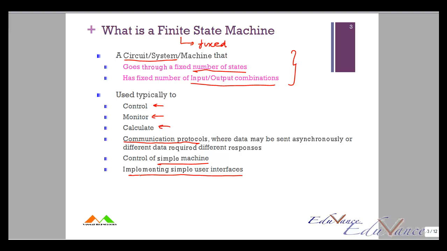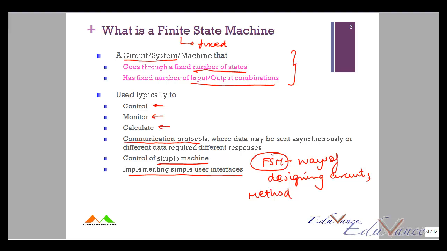So let me be clear about one thing, that an FSM is a way of designing circuits. It's a method. If you find a circuit that is designed as a finite state machine or an FSM, you can design it using other methods as well.